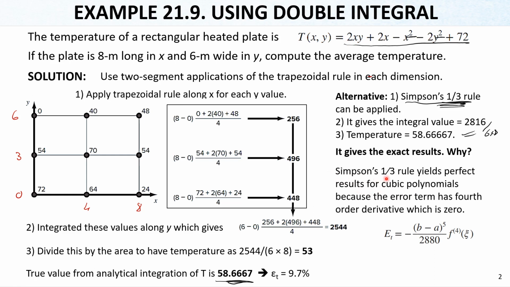And Simpson's rule can even give the exact result for a cubic polynomial. We said that already. And here it's second order, so it's pretty straightforward that we will get the exact result. And the true error is this because we have the fourth derivative. Up to order 3 we will get an exact result. And that's the reason why we are getting the exact result. This derivative is in the fourth order for the error.